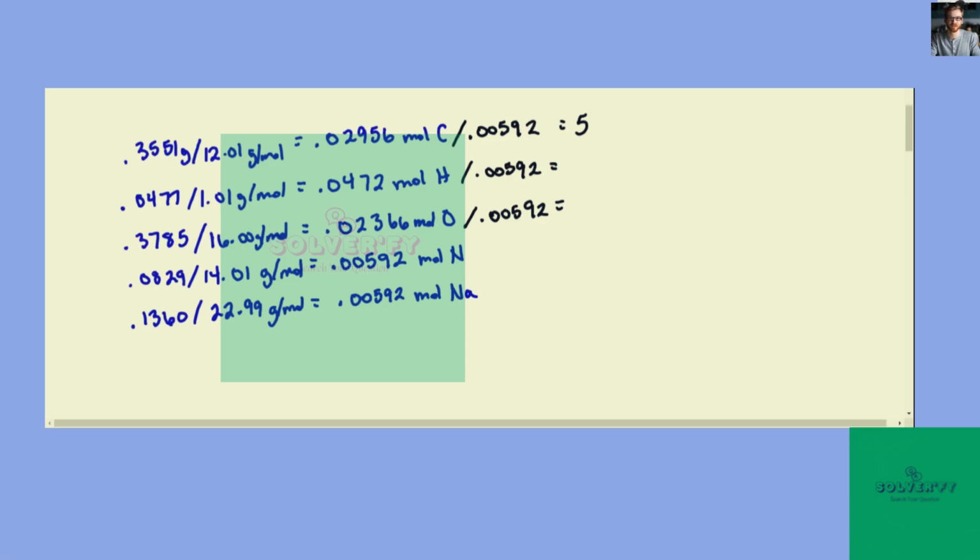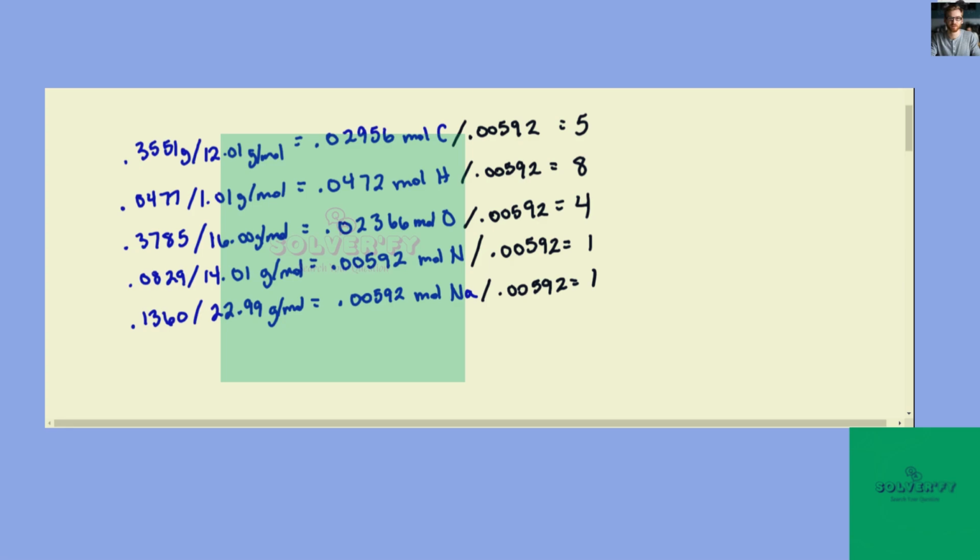It was 5 for carbon. When we do the second set of math, that's 8. Then we get 4. It would help if I could copy. Divide this one by basically itself, we get 1. Divide the last one by itself, we get 1.